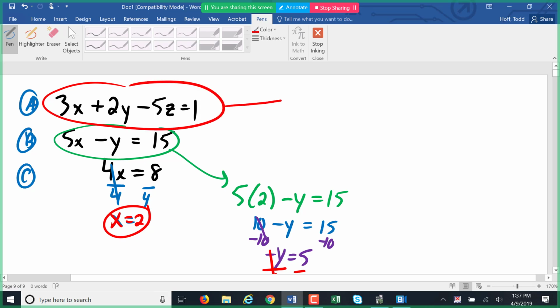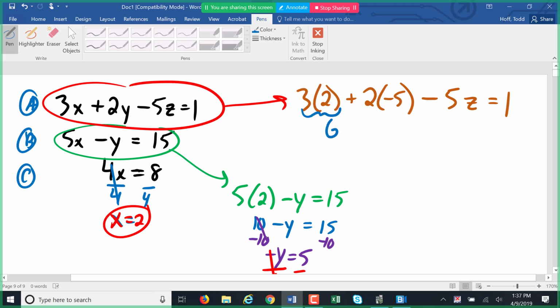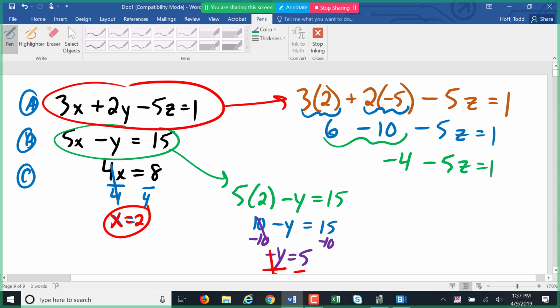We go back up to this top equation. 3 times x is 3 times 2, plus 2 times y is 2 times negative 5, minus 5z equals 1. 3 times 2 is 6. 2 times negative 5 is a negative 10, minus 5z equals 1. 6 and negative 10 makes negative 4, minus 5z equals 1.